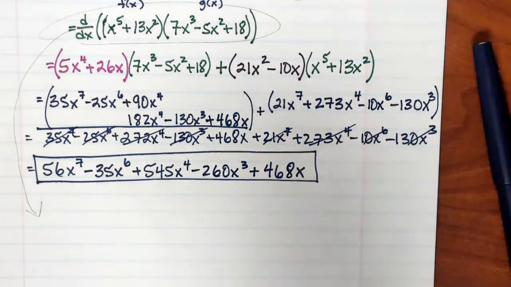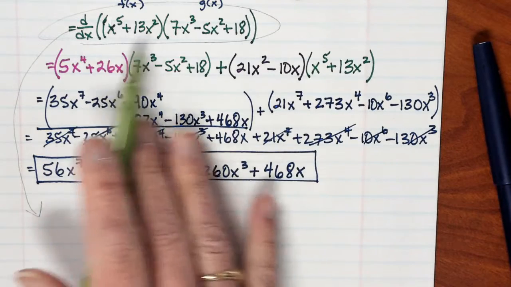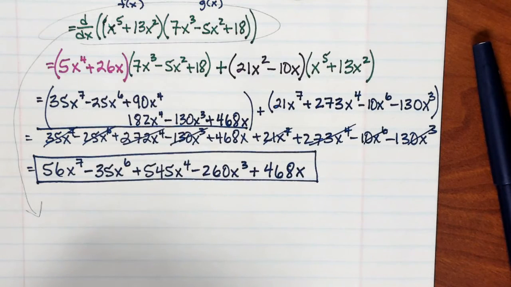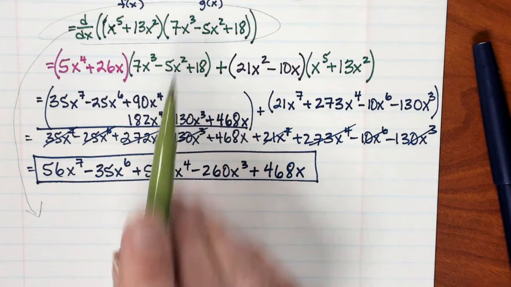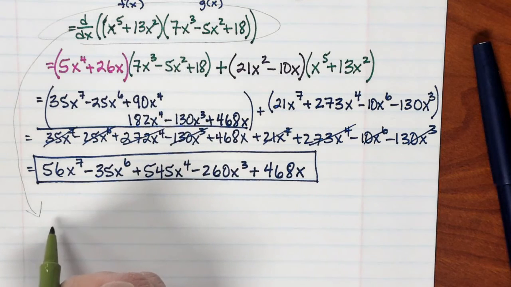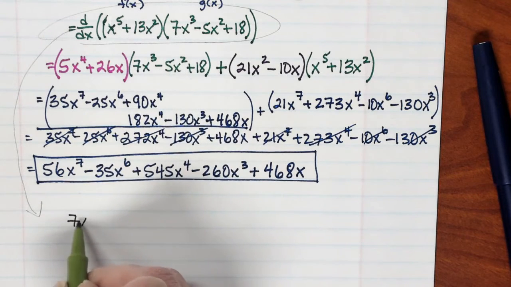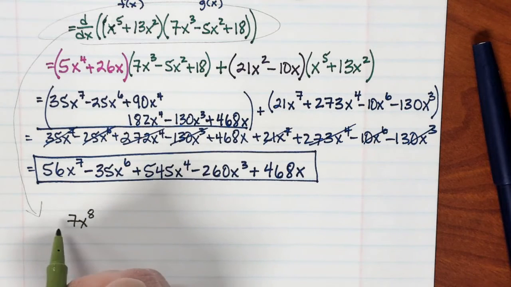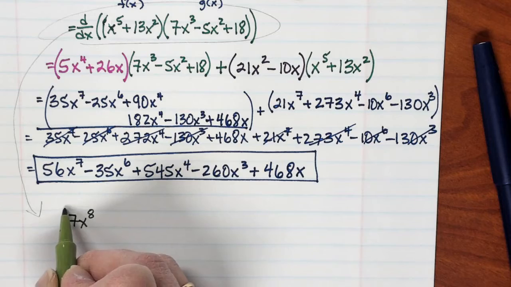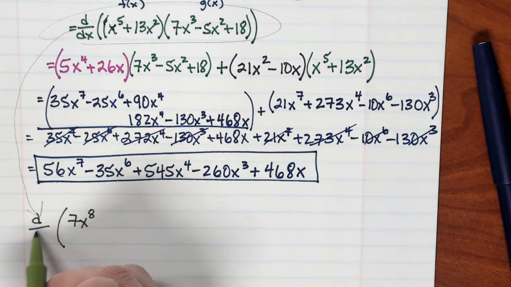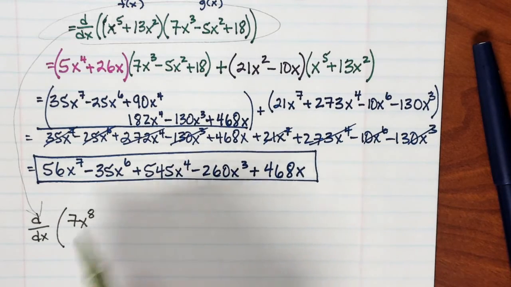If I do that and I take the derivative of that product, I'm going to go ahead and FOIL that out. You ready? So x to the 5th times 7x to the 3rd gives me 7x to the 8th. So I'm still taking the derivative. I haven't taken the derivative yet. All I'm doing is taking the product right now.